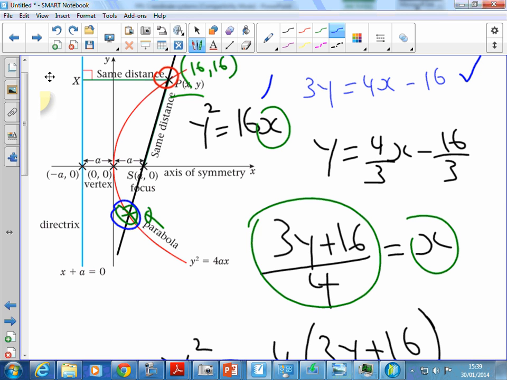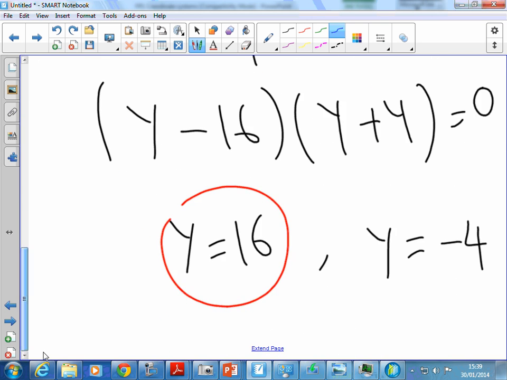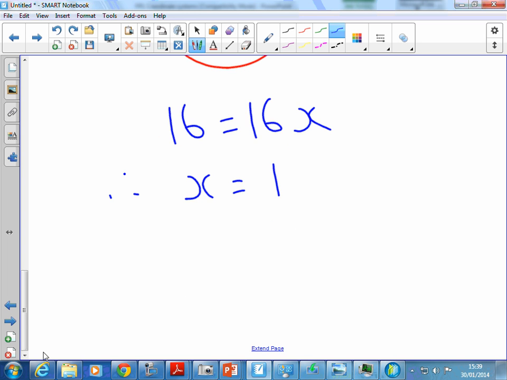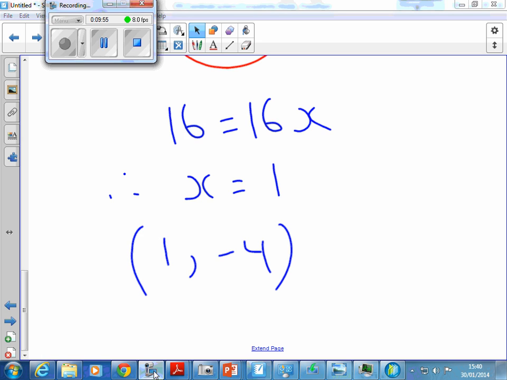Doesn't really matter. In fact, this one's actually quite easy. y squared is equal to 16x. So if y is minus 4, then y squared is 16. So 16 is equal to 16x, and therefore, x is equal to 1. And our coordinate is now (1, minus 4), as required.